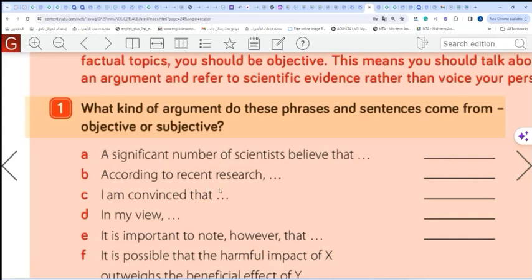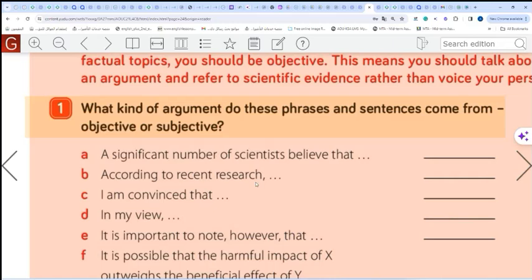What do we call this phrase? According to recent research. So it's based on facts or not based on facts? Are they based on your own personal feelings or opinions or according to recent research? So is it objective or subjective?